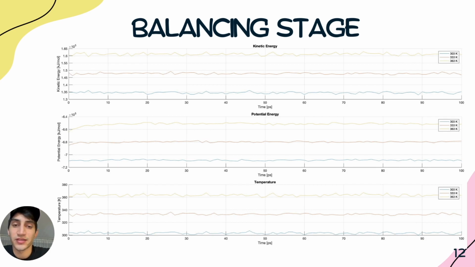The second graph is the potential energy measured also in kilojoules per mole against time. And the third graph is the temperature measured in Kelvin plotted against time. We can see that the functions for each of the simulations start to become more constant.